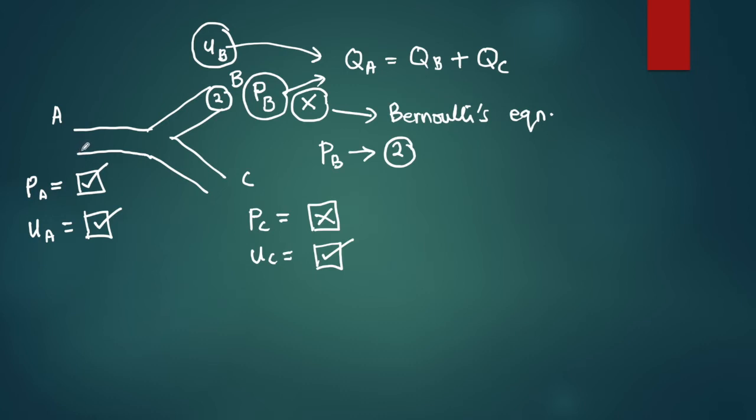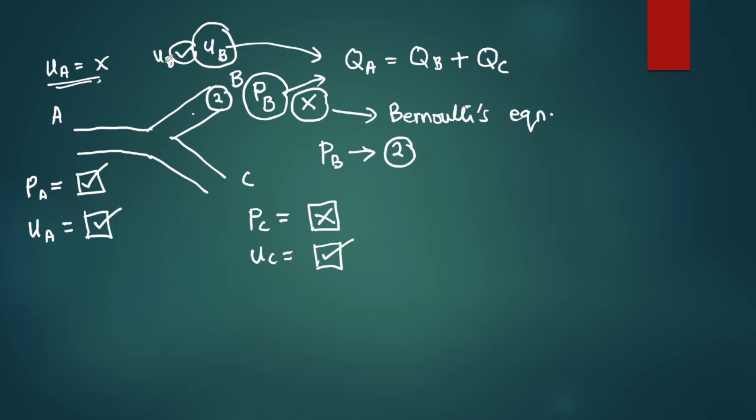But it is important to know that either point 2 or point 1 must have velocity. Let's say you select point A. UA does not have velocity, but point B, yes, you have velocity. Then you can use the continuity equation to remove this unknown.